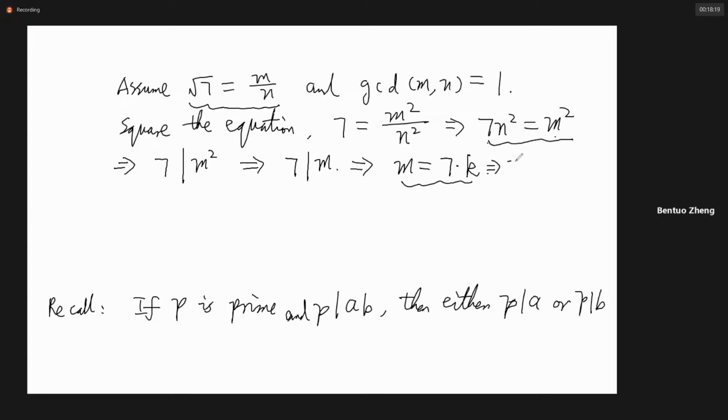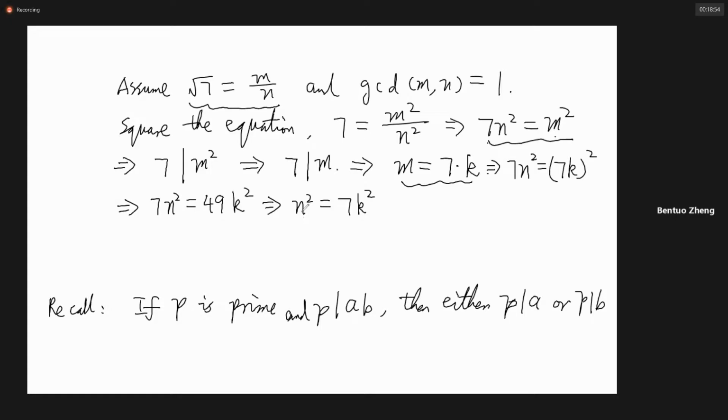You get 7n squared is equal to m squared, now m is 7k, so (7k) squared. Okay, so next we just expanded: 7n squared is 49k squared. So you can divide the 7 on both sides. You get n squared is equal to 7 times k squared.